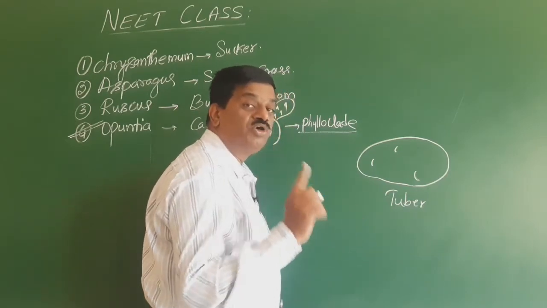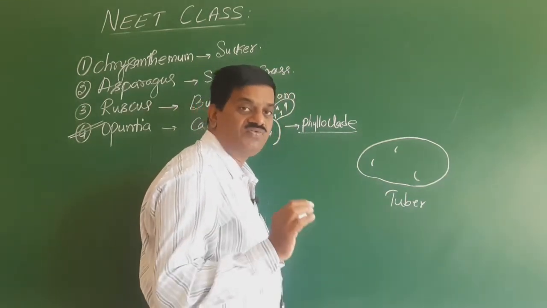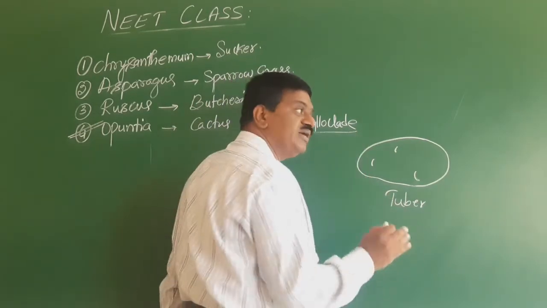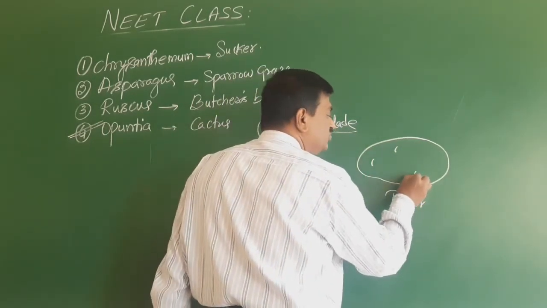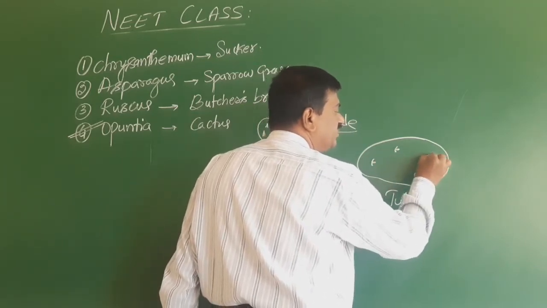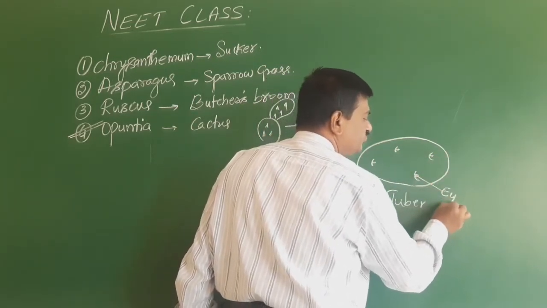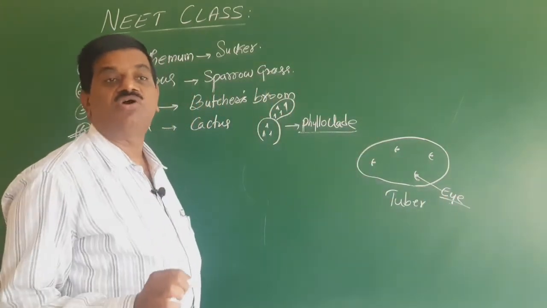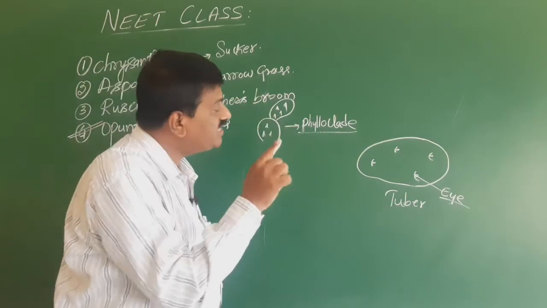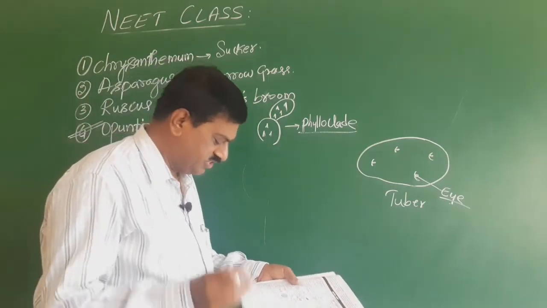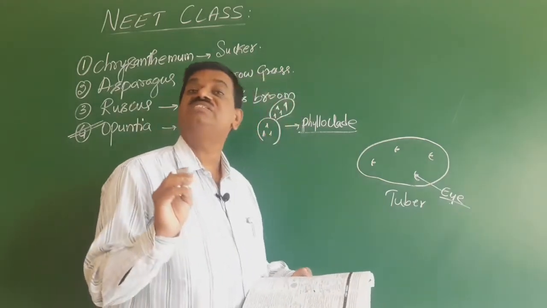Potato has the presence of nodes and internodes, hence it is called a stem. The stem is below the ground, and there is a presence of axillary buds. This is called an eye. When you cut this eye, this helps in vegetative propagation. So the first option itself is right.